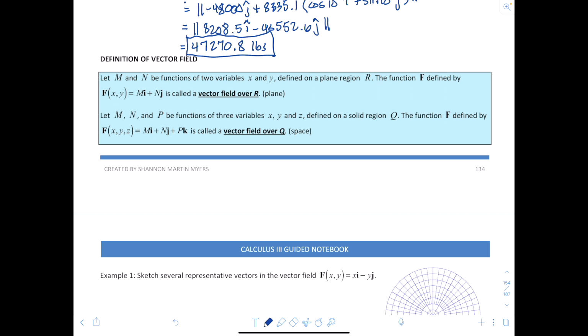So similarly, if m, n, and p are functions of three variables x, y, and z defined on a solid region Q, the vector valued function f defined by f at x, y, and z is m times the vector i plus n times the vector j plus p times the vector k, and that's called a vector field over Q in space.